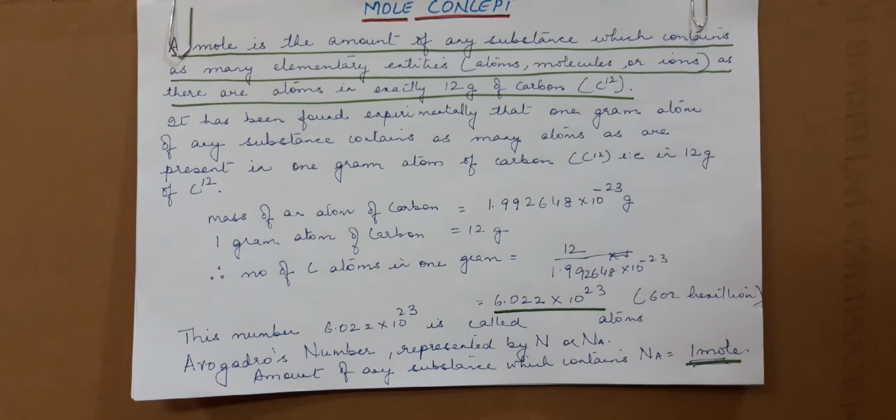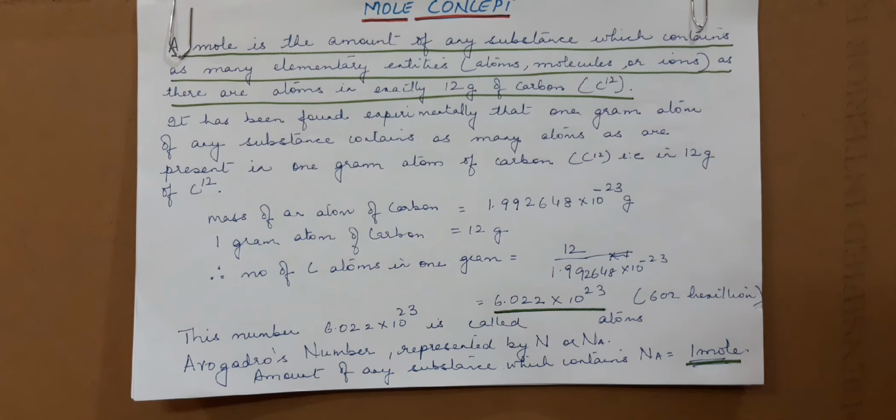For example, 1 mole of sulfur atoms contains 6.022 into 10 to the power 23 atoms of sulfur, but 1 mole of sulfur molecules means S8, and when the sulfur molecule is S8, it means 8 into 6.022 into 10 to the power 23 atoms, in molecules of S8.